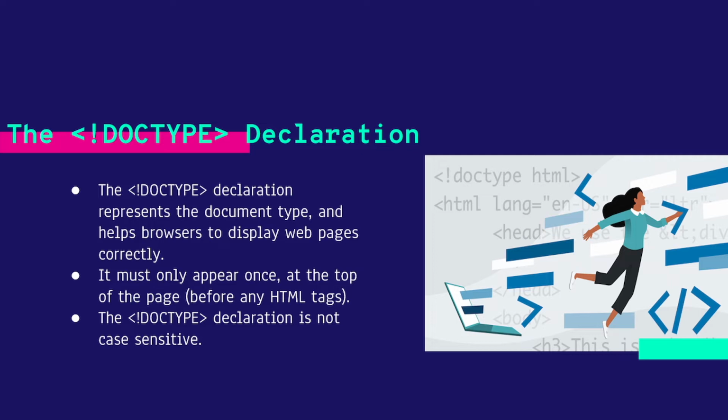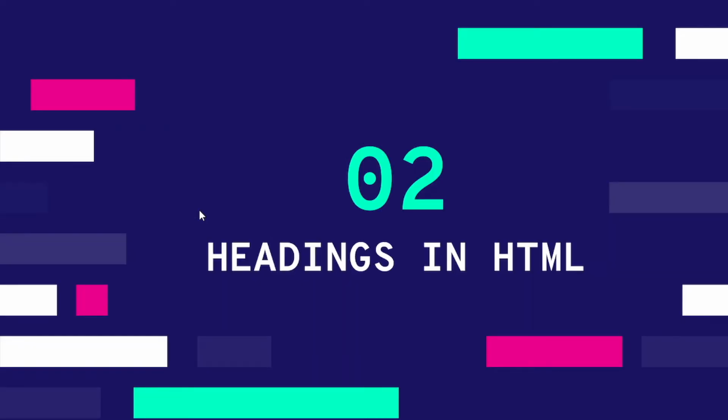It must only appear once, so you don't have to write it many times. It will only come once, and at the top before the other HTML tags you have to write this. And the doctype declaration is not case sensitive. You can write in lower case or in all capitals, though the capital case is preferred.